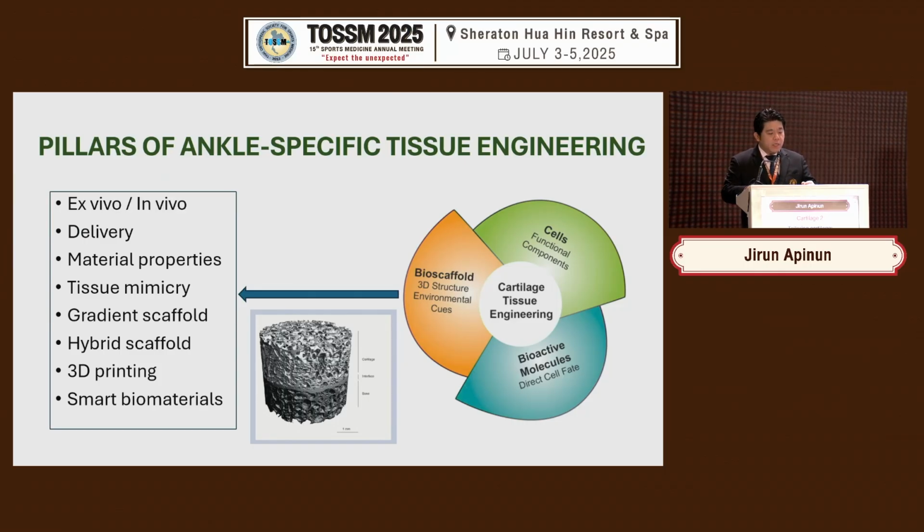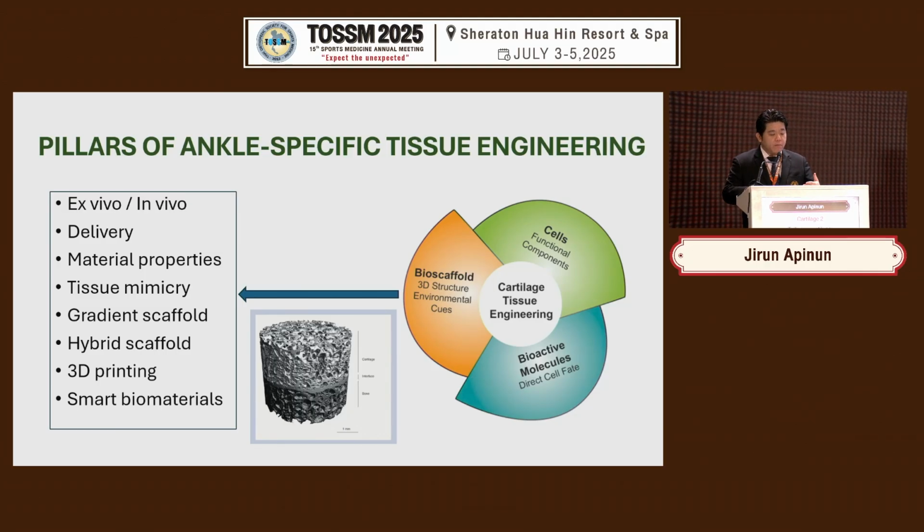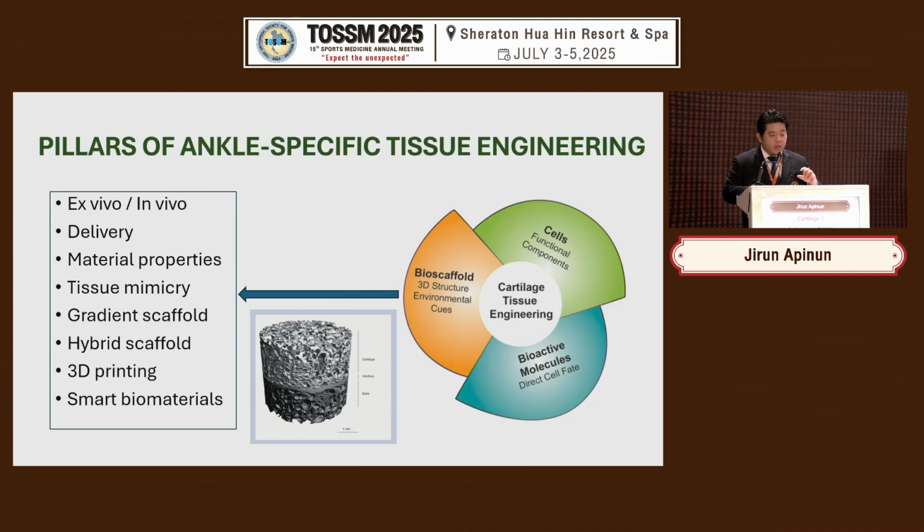And how can we make the scaffold mimic the native tissue to yield better cartilage regeneration with proper material properties? And do we need to make the scaffold with a gradient or hybrid, where each layer has different characteristics, by 3D printing or by other methods?